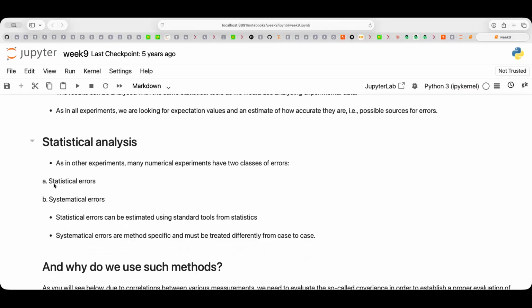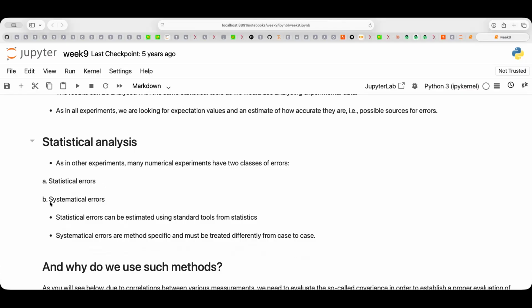If somebody gave you the true probability distribution and you could calculate the expectation values, you would have the exact values. Unfortunately, we don't have this. Our distribution is the Monte Carlo wave function, the optimized wave function, but we will never be able to calculate the expectation values exactly with that. So we have statistical errors, and these can be treated.